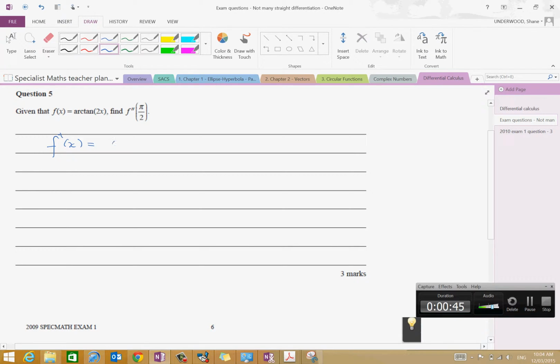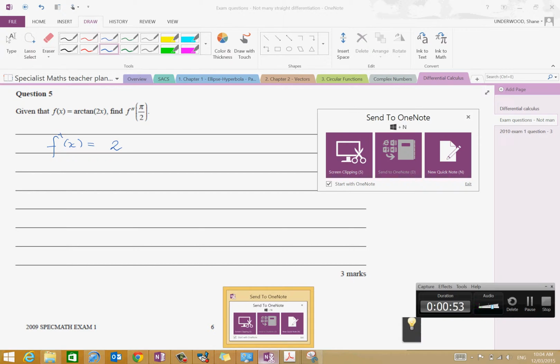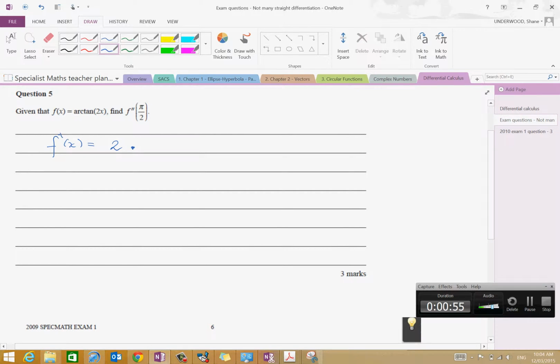So I multiply du/dx times the derivative of y = arctan of u, which is 1 over 1 plus u squared, where u is 2x. Can you see that you can do that in one line and you do not need a method mark? That's where I eventually want you to go.